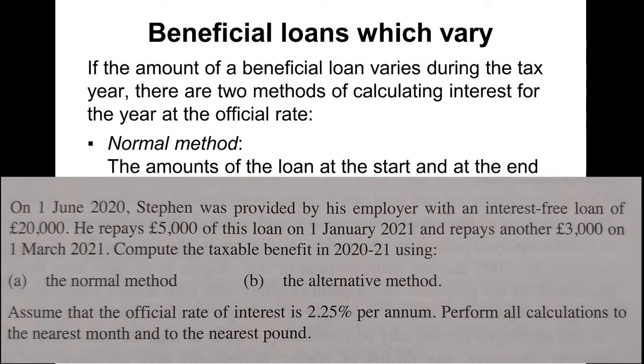Then he repays another £3,000 on 1st March, 1 month before the tax year end. Compute the taxable benefit in 2020-21 using the normal method and then the alternative method.